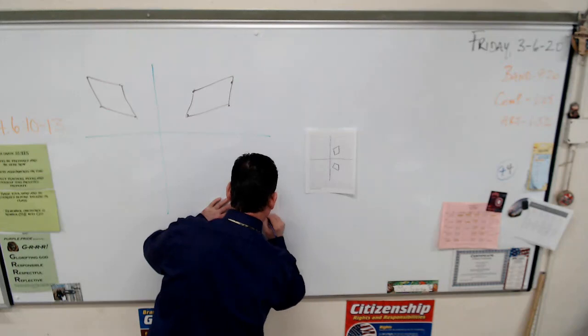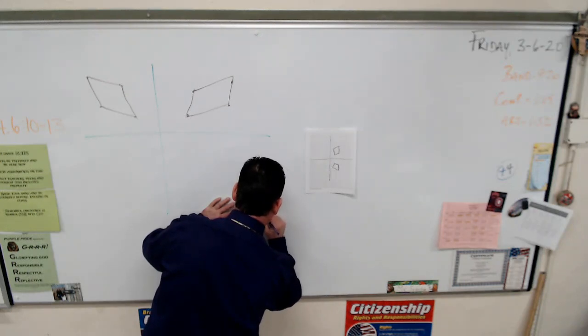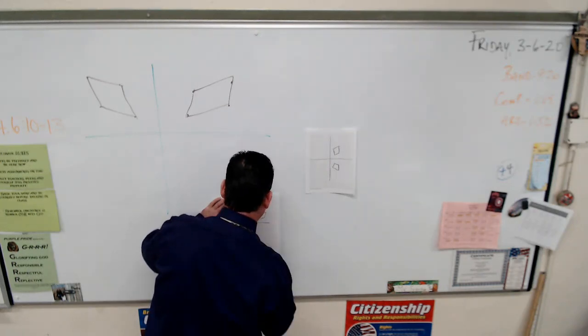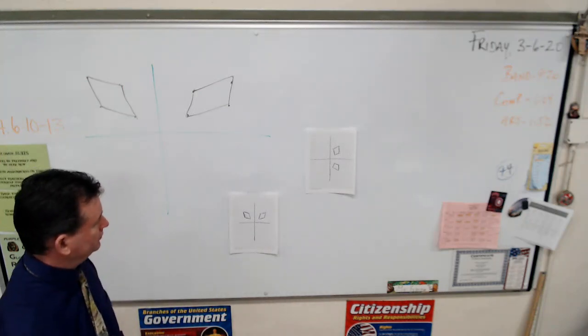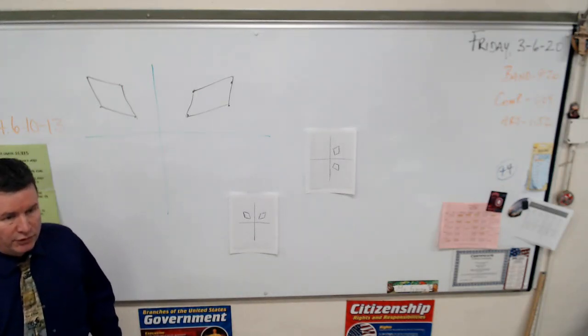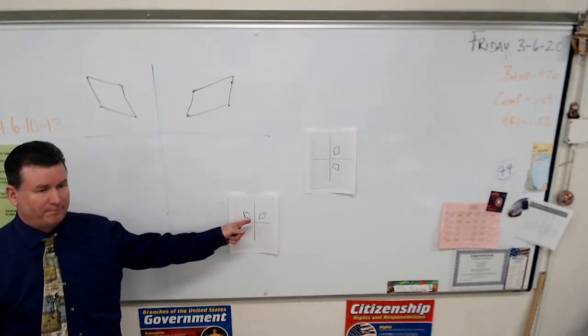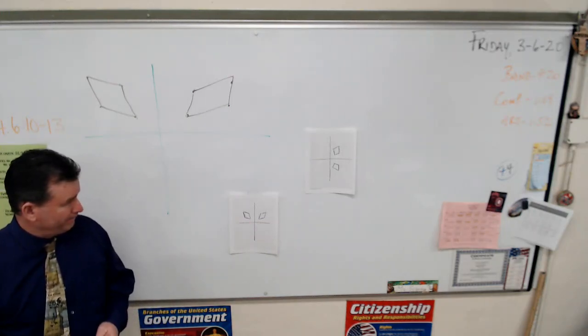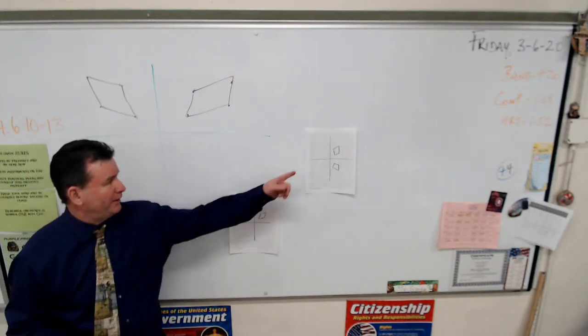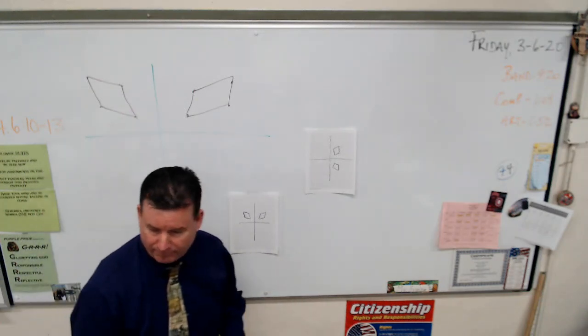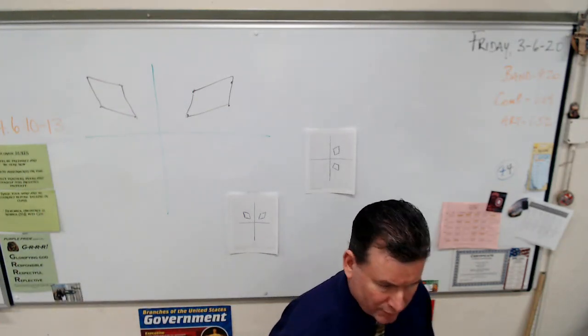I think I did it right. Does your number 10 look something like that? Yeah, that's what it looks like. And number 9 looks something like that? Yeah. Somewhat. Somewhat.